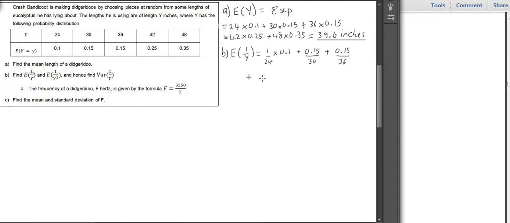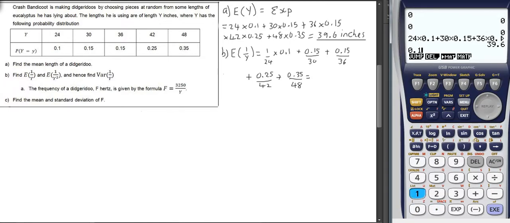I think I've got 5 of these to do, so 0.1 over 24 plus 0.15 over 30 plus 0.15 over 36 plus 0.25 over 42 plus 0.35 over 48, and I don't think this is going to be a very nice number, but we'll see.